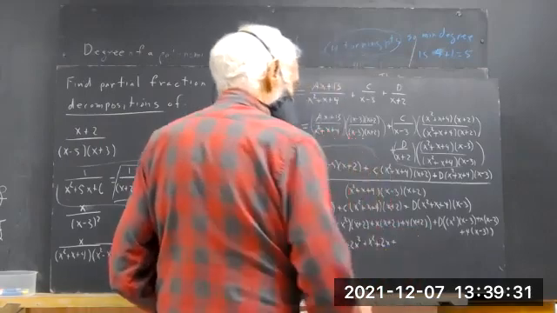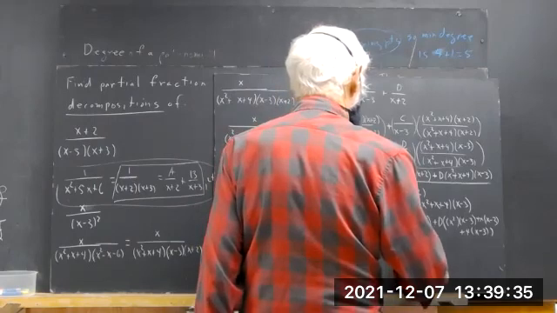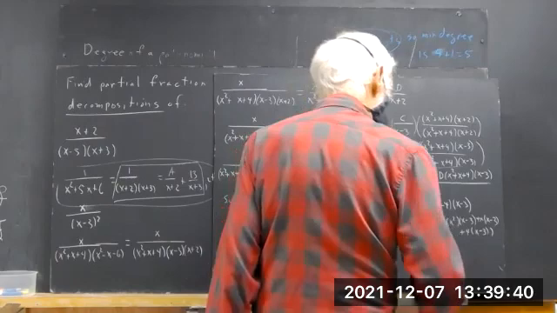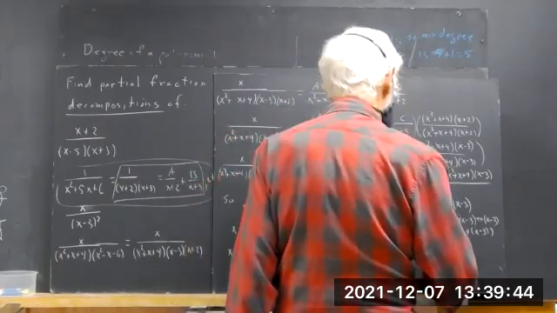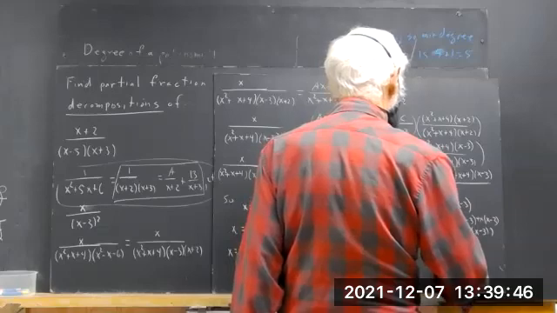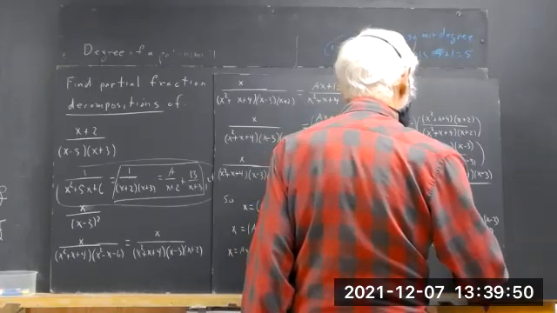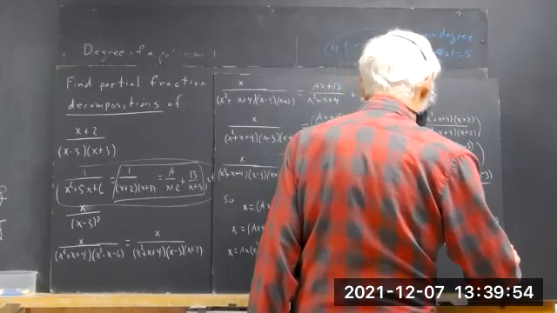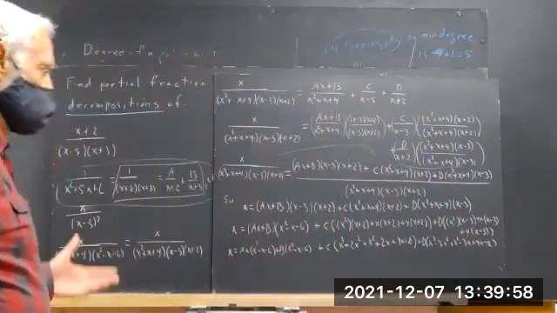Now we've got 4 times x plus 2. Well, that gives us 4x plus 8, plus d times x cubed minus 3x squared plus x squared minus 3x plus 4x minus 12. Well, that's getting a lot easier.